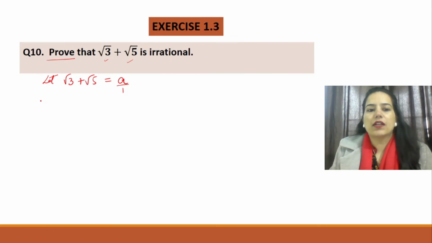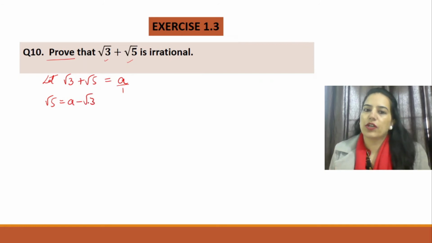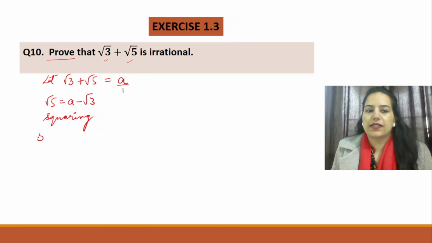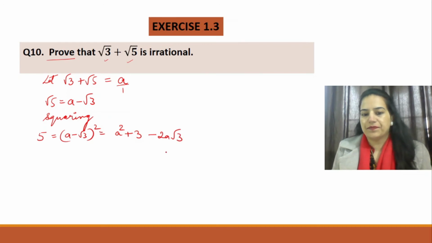So now I'll transpose one of them, like root 5 is equal to a minus root 3. I'll transpose one of the irrational numbers, and now I'll do squaring both the sides. Squaring, I'll get root 5 square, that is 5, and a minus root 3 square, which is actually equal to a square plus 3 minus 2a root 3.